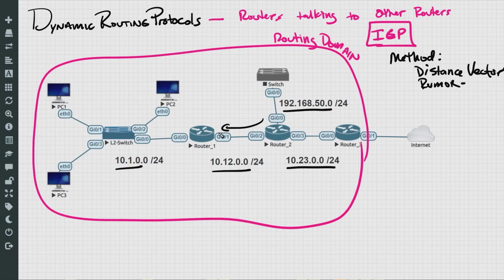So R1 learns this. Now R1 in its routing table knows how to reach 192.168.50. But then R1, if we have another device over here, let's take router 4, advertises that network of 192.168.50 via the dynamic routing protocol to R4, and R4 says, oh, great, to get to the 192.168.50 network, I'll send it to you, Mr. R1, and R1 would then send it to R2 and so forth.